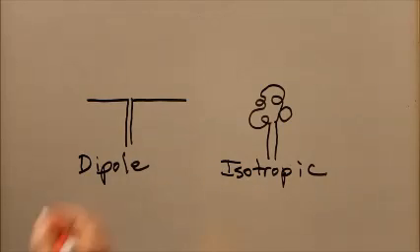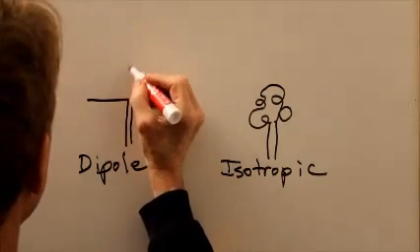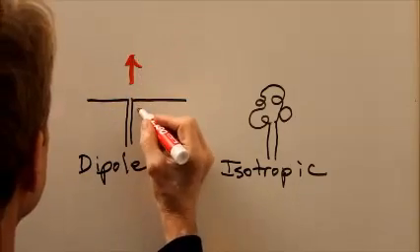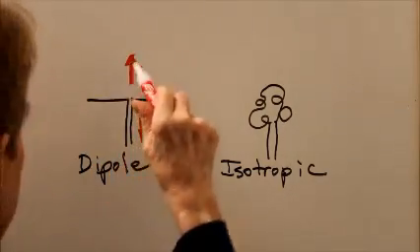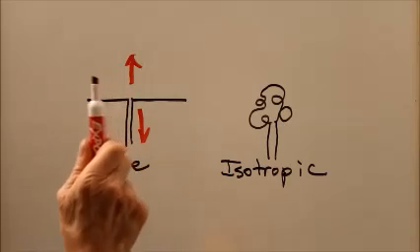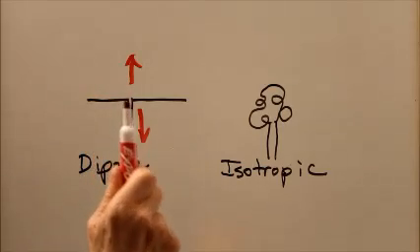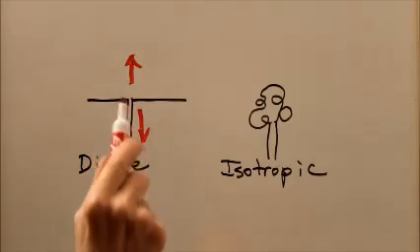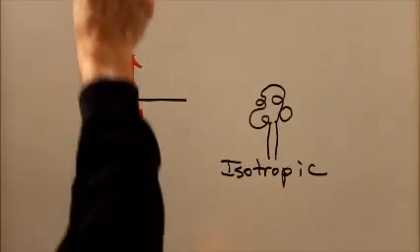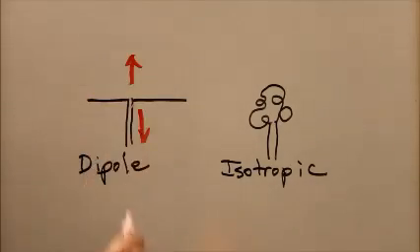Now, the dipole's favored directions are perpendicular to the conductor. In this case, it would be in a plane perpendicular to this whiteboard. So any direction pointing straight out at us, or up at an angle like that, or straight up, anything perpendicular to the wire is the favored direction of a dipole antenna.